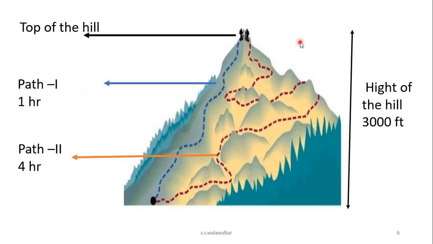Time required to reach the top depends upon the path, but the height from the top of the hill to ground level is the same, that is 300 feet. So this height is what? A state function. Altitude of this hill is a state function. It does not depend upon the path by which you climb this hill.